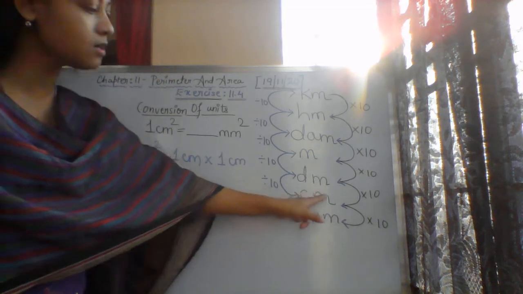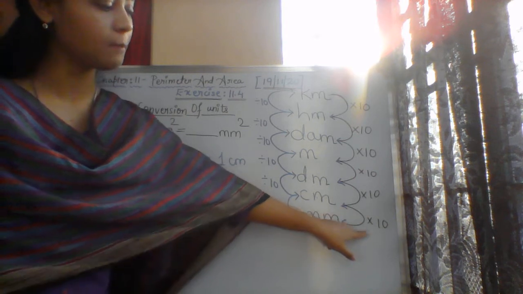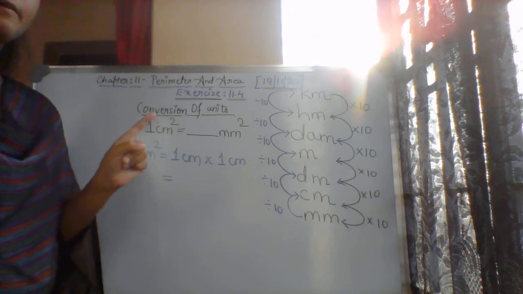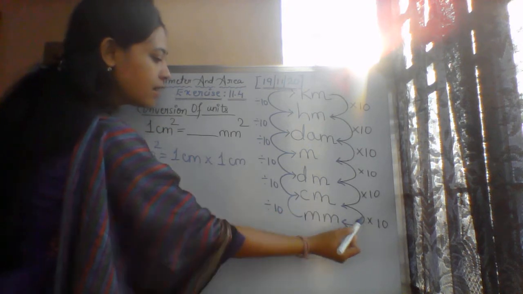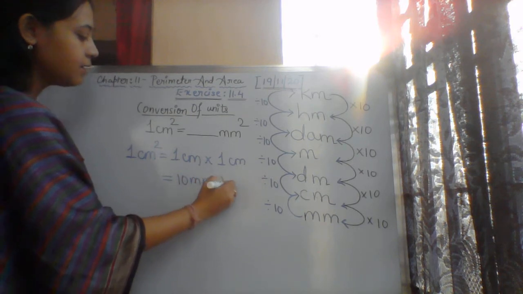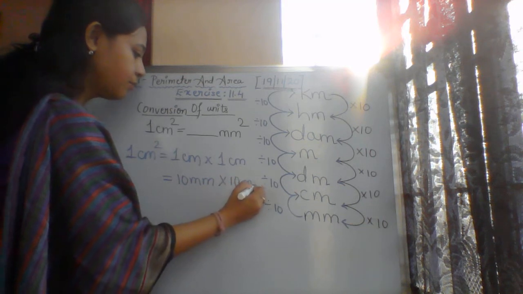Centimeter to millimeter, we are making only one jump, so multiplied by 10. So 1 centimeter equals to 10 millimeter. Similarly, this 1 centimeter also equals to 10 millimeter.